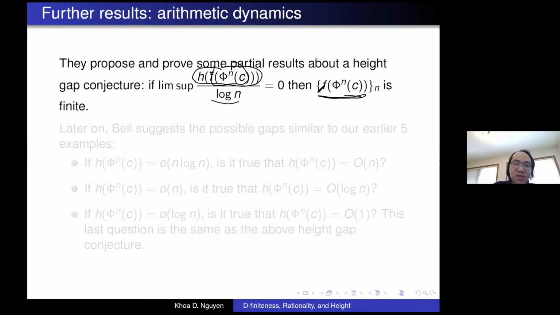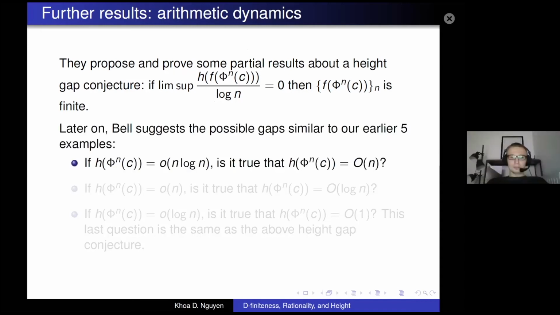You can say this is a direct generalization, at least in the one variable case, of the result for D-finite series. Also later on, Jason suggests the following possibilities, according to those 5 examples that I mentioned.